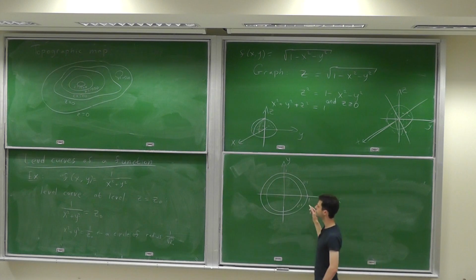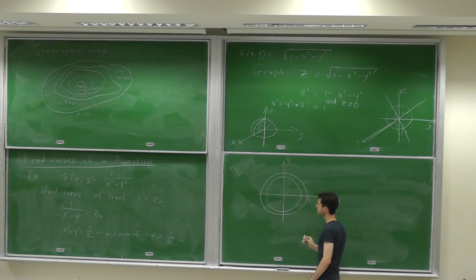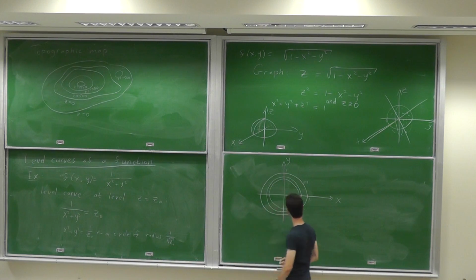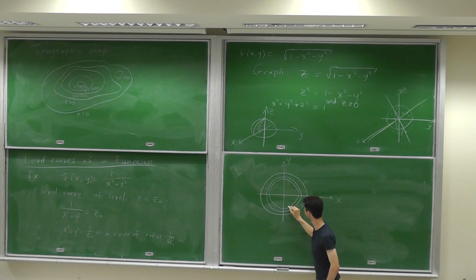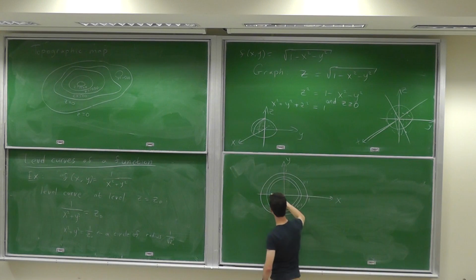Let's continue. Level curve z equal to 3, 1 over square root of 3, something like 0.6. So here I have z equal to 3. Z equal to 4, circle of radius 1/2.